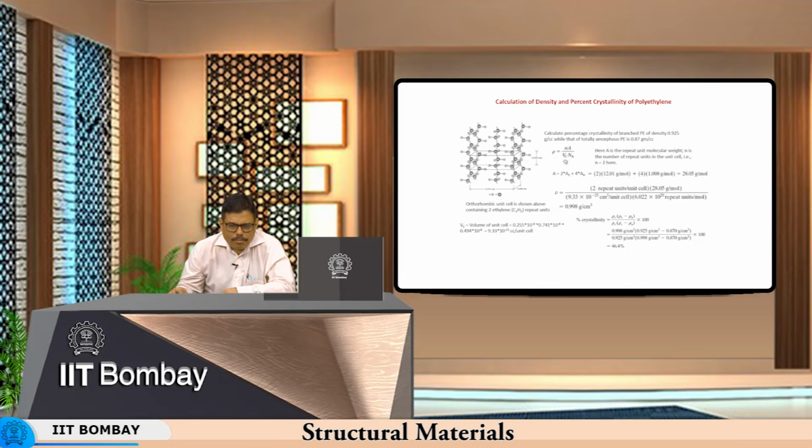So the density here is slightly higher than the amorphous density. If it had been completely amorphous, the density would have been 0.87 gram per cc, but anything higher than 0.87 gram per cc indicates that some crystallinity is present in the material. Based on this we find that it is 46.4% crystalline. So the polymer is 46.4% crystalline.